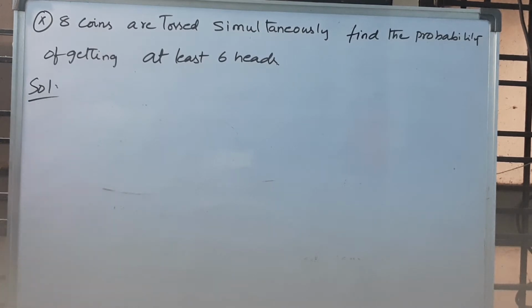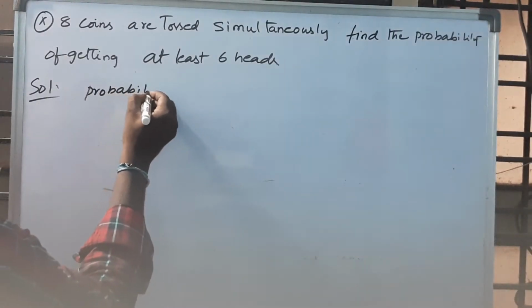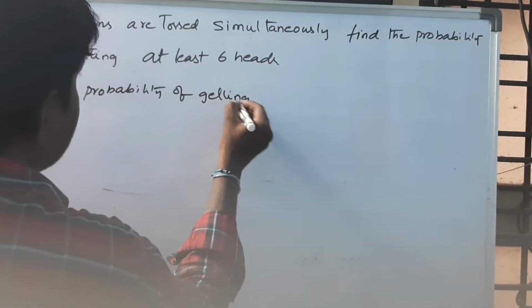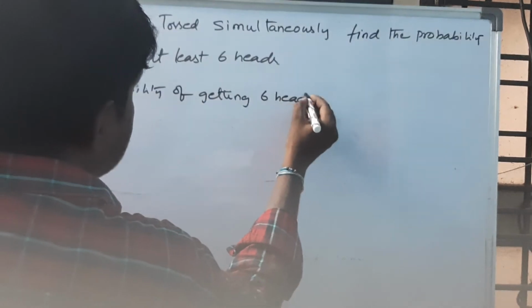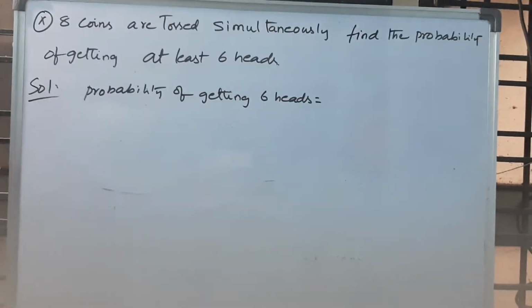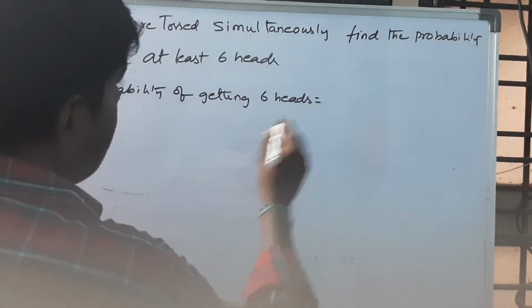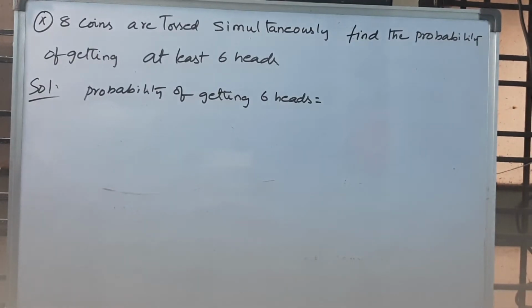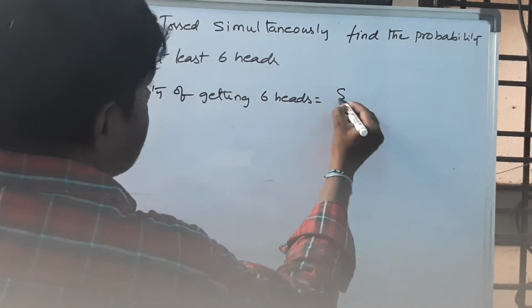So first we have to find the probability of getting 6 heads. The probability of getting 6 heads is 8C6.